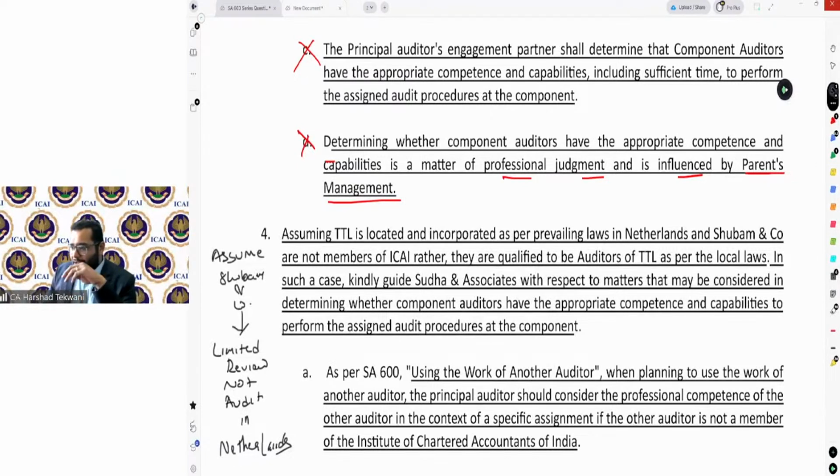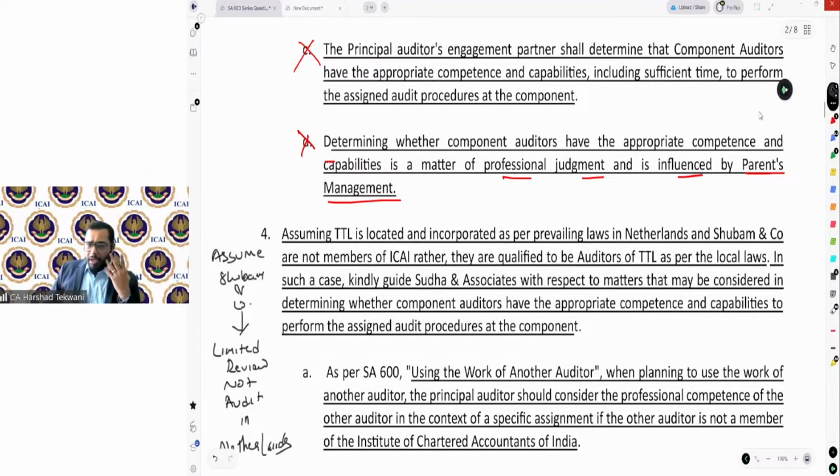Correct, Jay. Correct, Janvi. Namrata, with respect to the expenditure, it's altogether a different topic. Come on, guys.